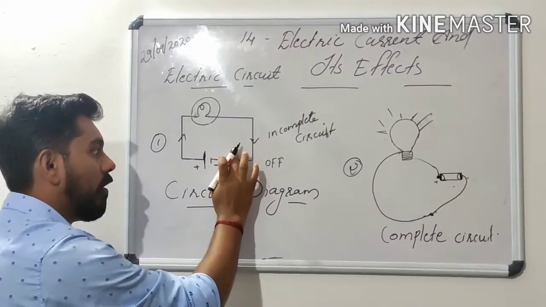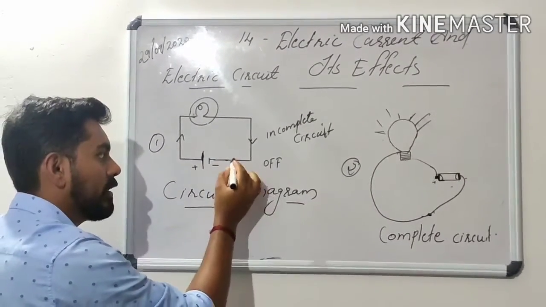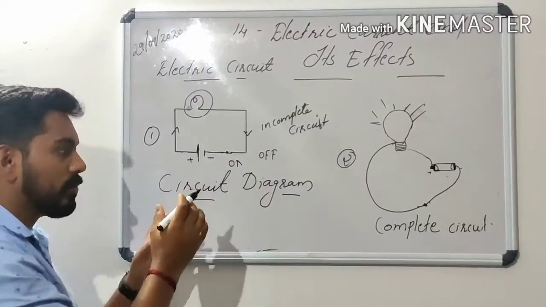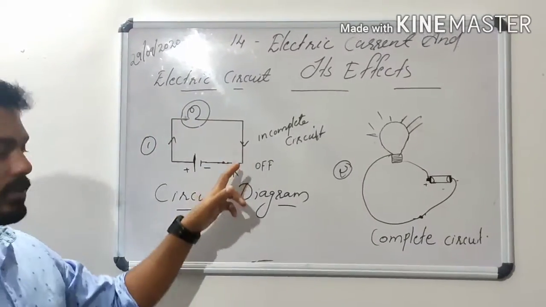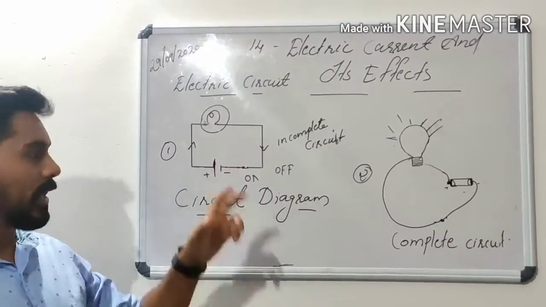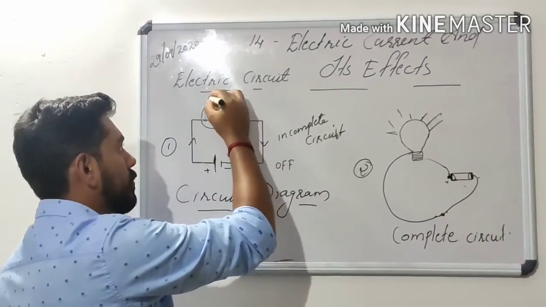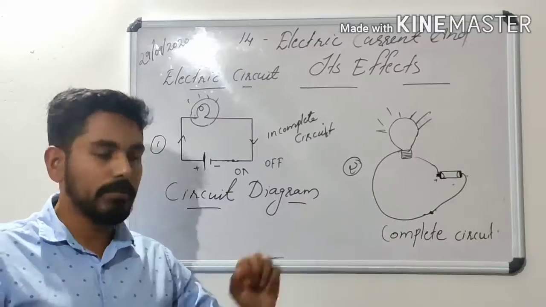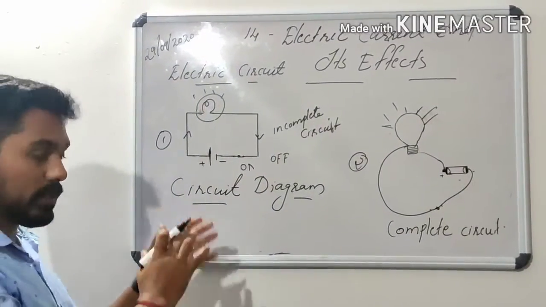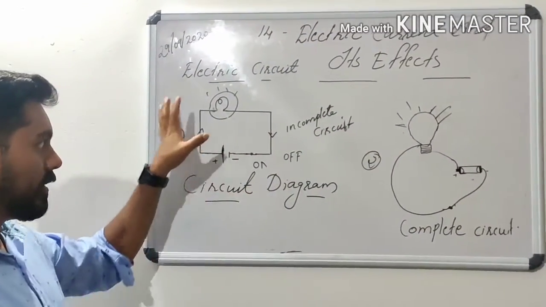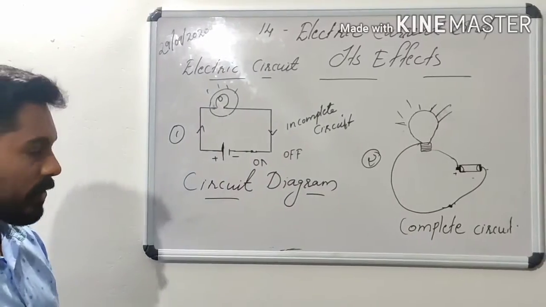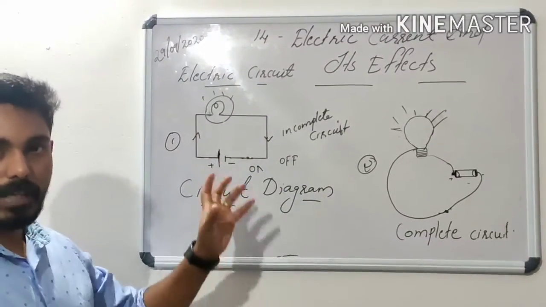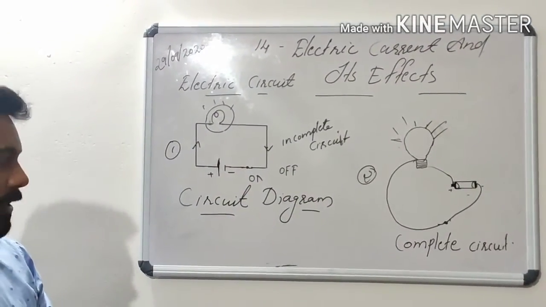If the key is on, the switch is on, the two ends will be joined together and the current will pass through this circuit. So the bulb starts to glow. So there is an incomplete circuit and a complete circuit. When the switch is on, we can say that is a complete circuit, and if the switch is off, that will be an incomplete circuit.